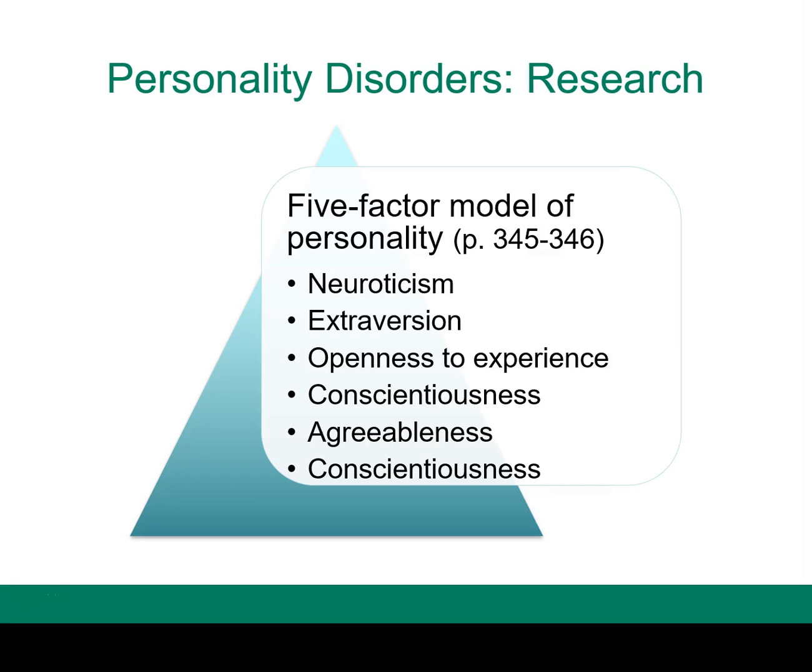But if you look at those first 5, and you cross-reference these personality traits with the personality disorders, you'll find out that neuroticism oftentimes is a character trait in maybe 4 or 5 of the personality disorders. Extroversion, 4 or 5 of the personality disorders. And there's a very nice table in your book that shows you what that crossover is.